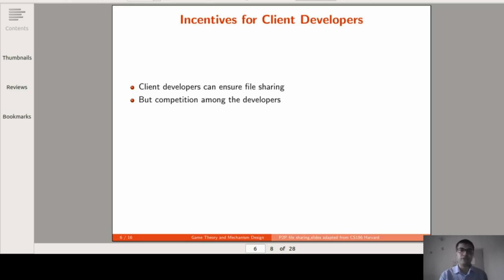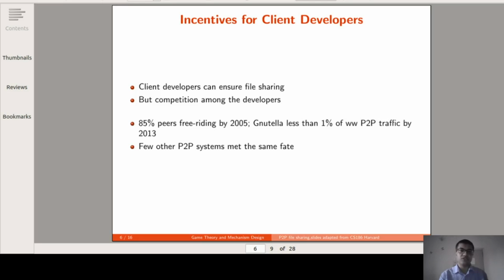Some clients would give you better flexibility in controlling the upload speed, and therefore that client will be preferred by the people who want to free ride. So this phenomenon has been extensively observed.